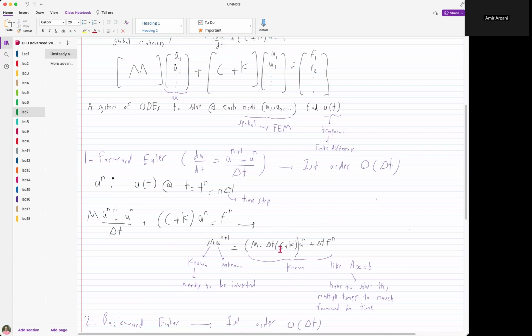So M again is known, the matrices C and K are known, delta t is your time step, and U n is your previous time step solution, and F n is the right-hand side vector F evaluated at the previous time step. So solving this is really now the same as solving an Ax equals b, a linear system of equations. So what we really have to do when we're doing an unsteady problem is, at every time step, solve a linear system of equations like this.